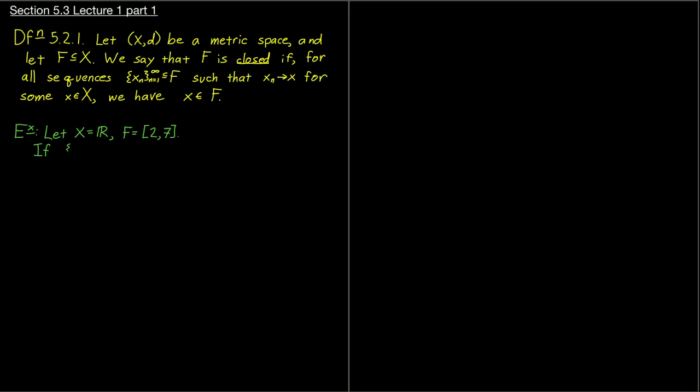If we've got a sequence of points in [2, 7] which converges, then you can write this a couple of different ways. x is the limit of the xn's, but for any convergent sequence, that's the same as the limit supremum of the xn's.